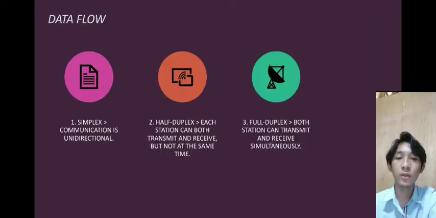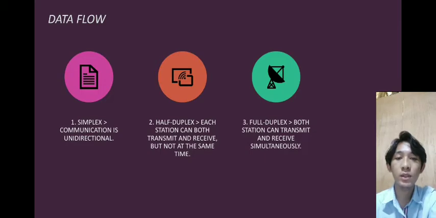Data flow. Simplex communication. Simplex communication is a communication channel that sends information in one direction only. The example of this is the radio station. Half duplex. The data can be transmitted in both directions on a signal carrier, except not at the same time.